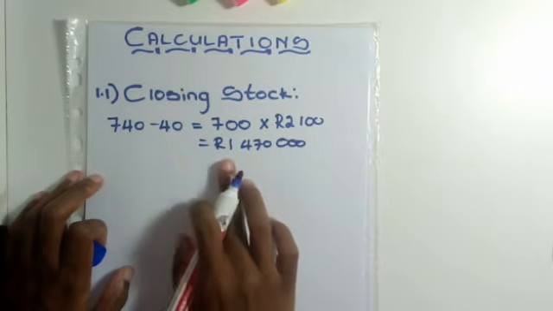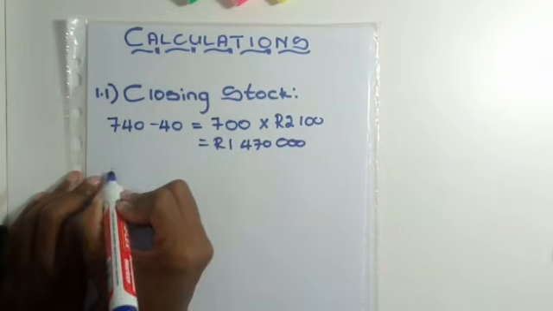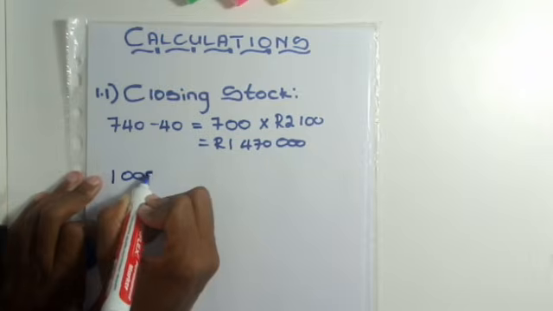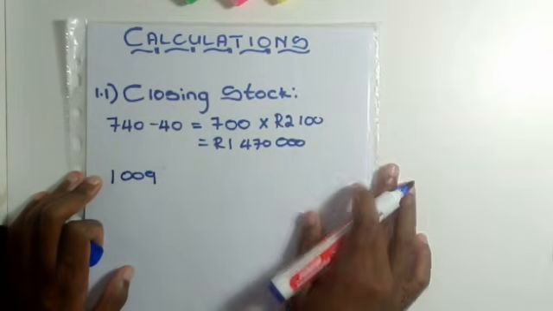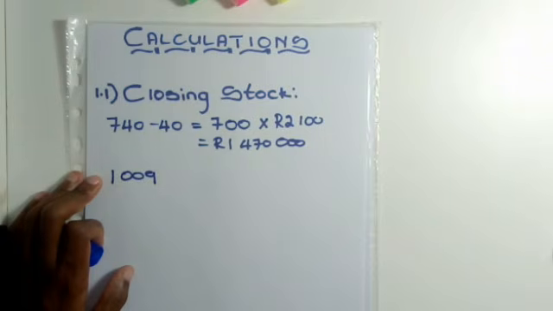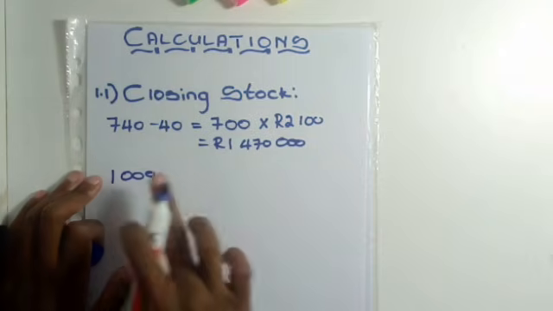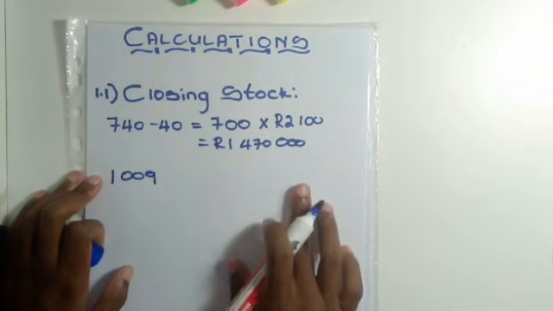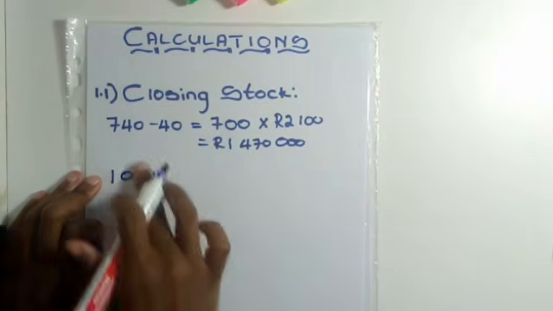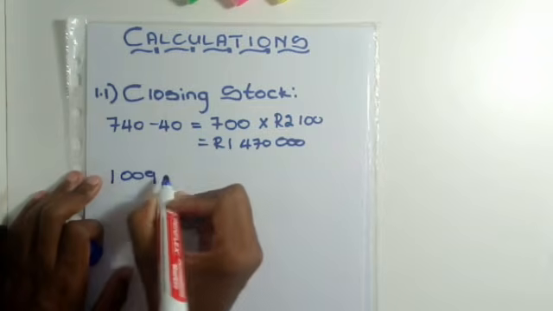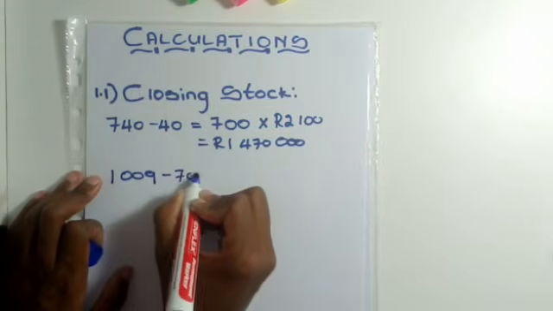Now remember, they said our closing stock in units has to be 1,009 units. So far we have only dealt with 700. So we need to know how much out of the September 2022 stock we are having as part of our closing stock of 1,009. So the simplest way to get that number is to take the closing stock that we know we have and minus the stock that I have already dealt with.